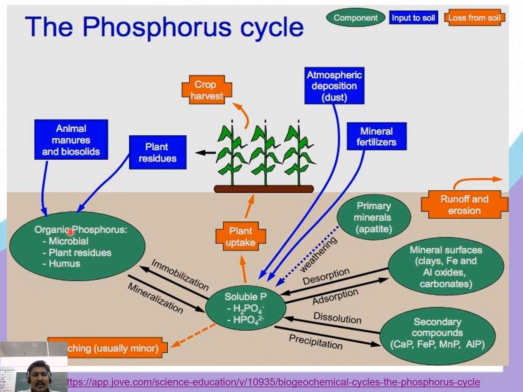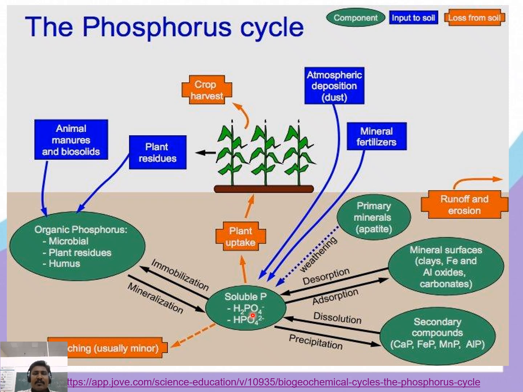Conversion of organic phosphorus into inorganic phosphorus is called mineralization, whereas the reverse process, conversion of inorganic phosphorus to organic phosphorus, is immobilization.